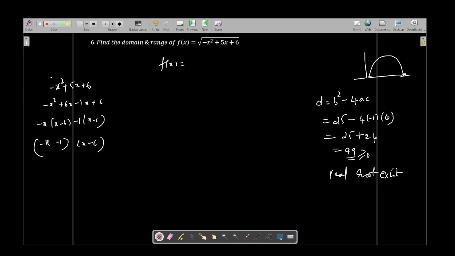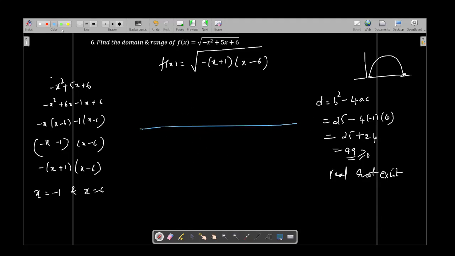So the roots are x is equal to minus 1 and x is equal to 6. f of x, I can write as minus of x plus 1 into x minus 6. Now if I bring the number line over here, the roots are minus 1 and 6. So if I take anything below minus 1, let's take minus 2.